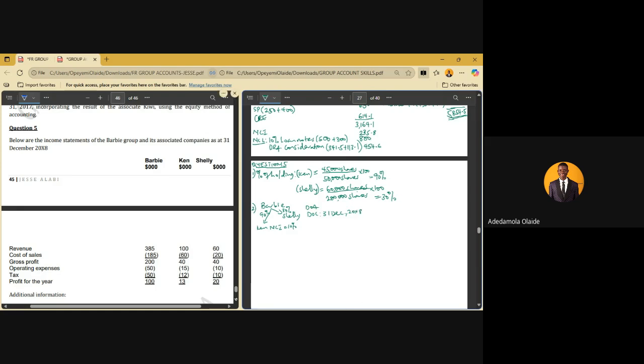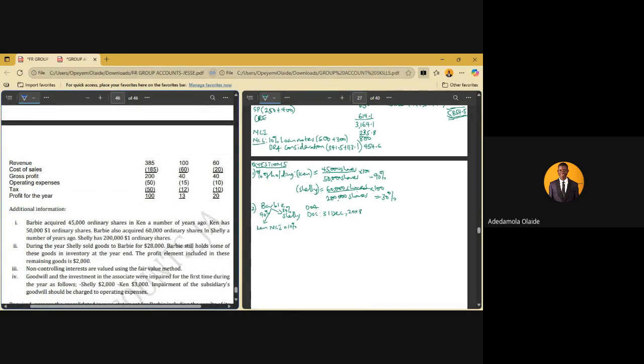So what do we have next? During the year, Shelley sold goods to Barbie, that is, associate is selling to parent, for 28,000. Barbie still holds some of the goods in inventory at the end. The profit element included in this remaining goods is 2,000. So we say unrealized profits, Shelley to Barbie.